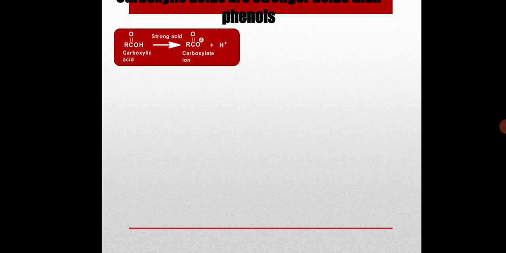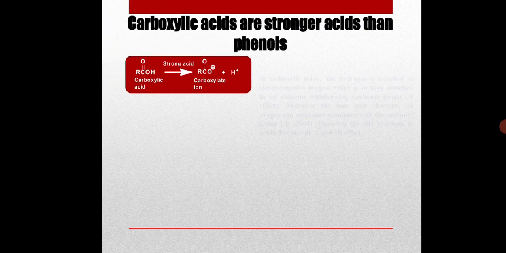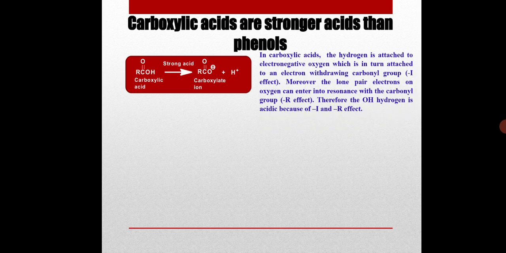But why are carboxylic acids stronger acids than phenol? In carboxylic acid, the hydrogen is attached to electronegative oxygen, which is in turn attached to an electron withdrawing carbonyl group. So it has a strong -I inductive effect.